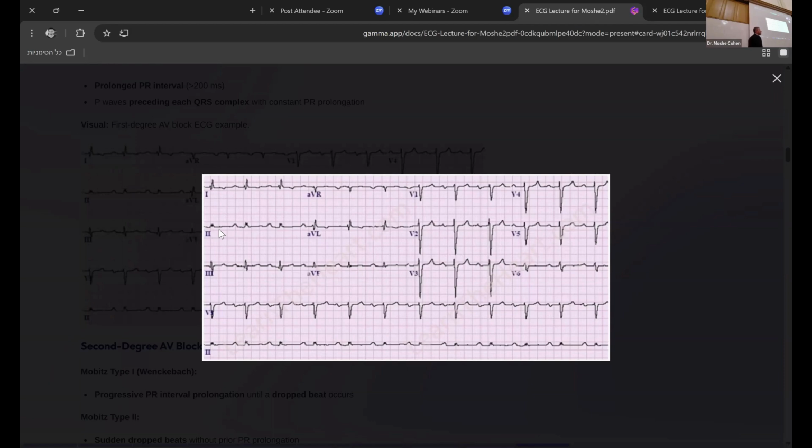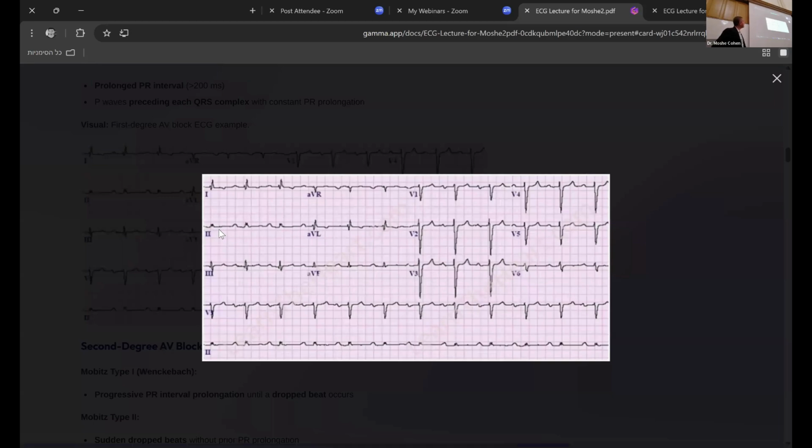Look, you have P QRS, P QRS, P QRS, P QRS. You see, you have a P wave before every QRS. So this is a sinus rhythm. So we have normal heart rate, sinus rhythm.